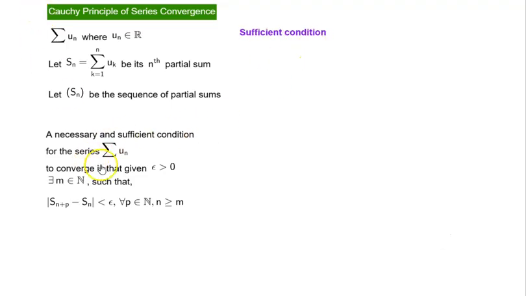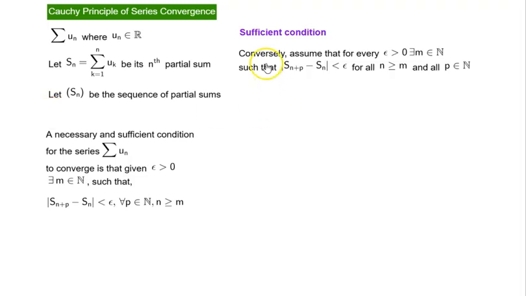Now, sufficient condition, basically we reverse the whole process. Conversely, assume that for every epsilon greater than 0, there exists m in the set of natural numbers such that the absolute value of S sub n plus p minus S sub n is less than epsilon for all n greater than or equal to m and all p in natural numbers.